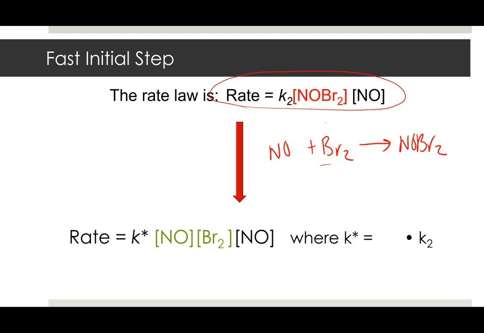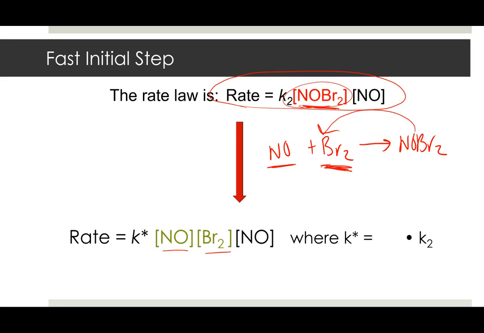Okay, so in order to get rid of that from our rate law, we need to determine, well, where did that come from? So we're going to go back this way. So I'm just replacing this intermediate with the reactants that it came from. So it came from NO and it came from Br2. So we just replace those.